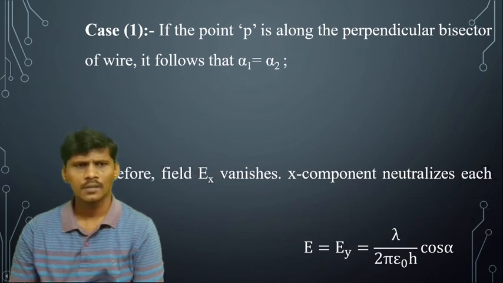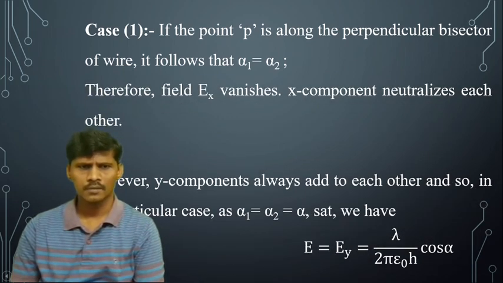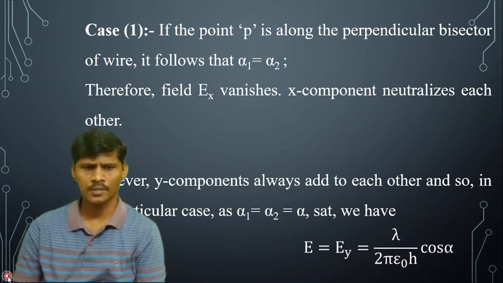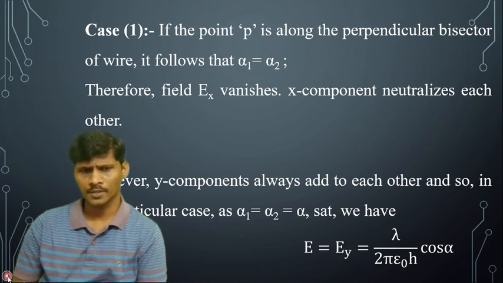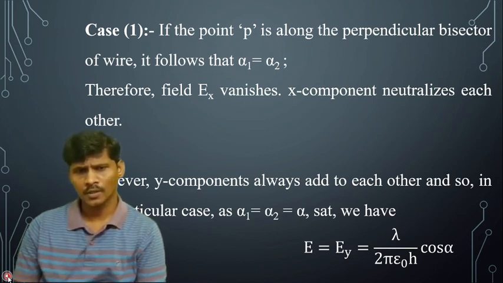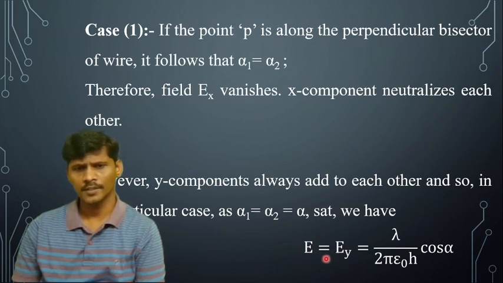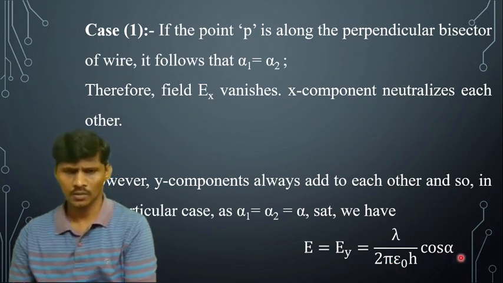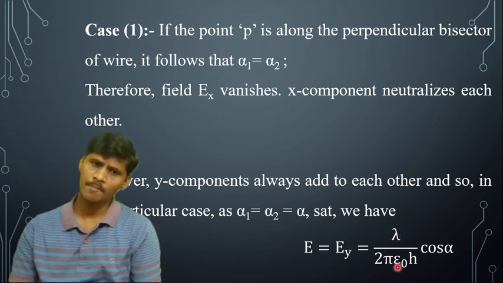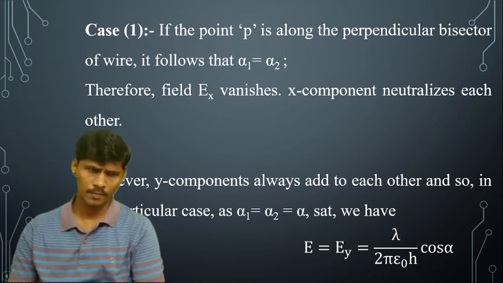Therefore, in the first case, alpha 1 is equal to alpha 2 is equal to alpha. In the y-axis direction expression, substitute alpha 1 and alpha 2 equal to alpha. We get the electric field intensity Ey equals lambda by 4 pi epsilon naught h into cos alpha plus cos alpha, that is, lambda by 2 epsilon naught h cos alpha.